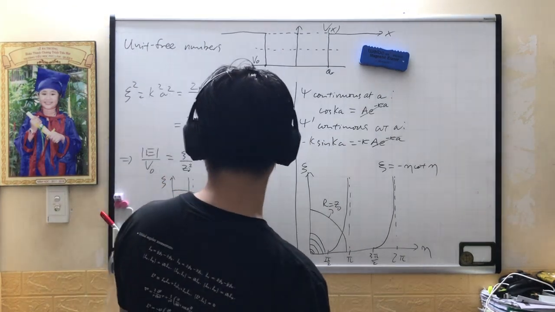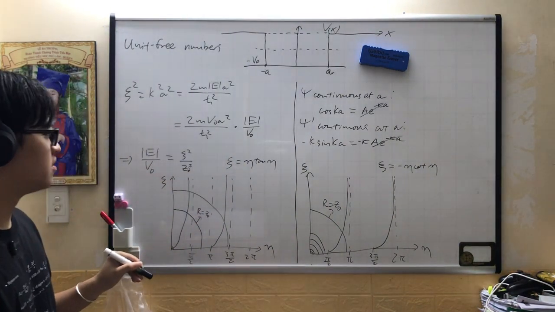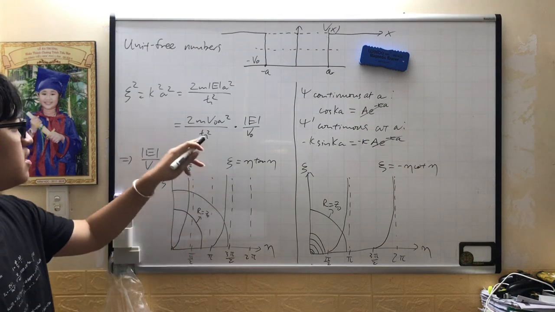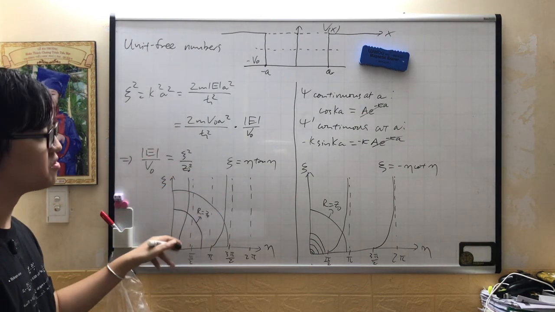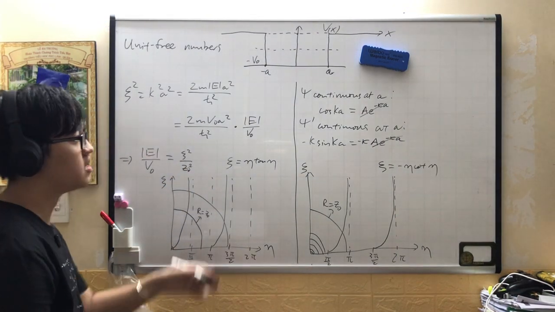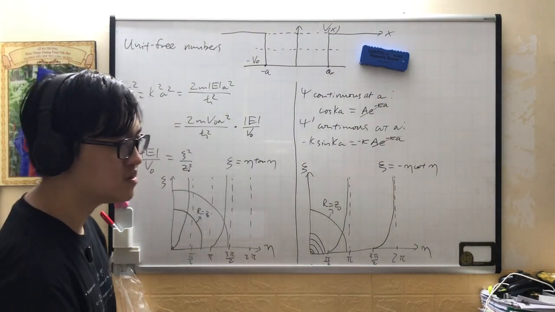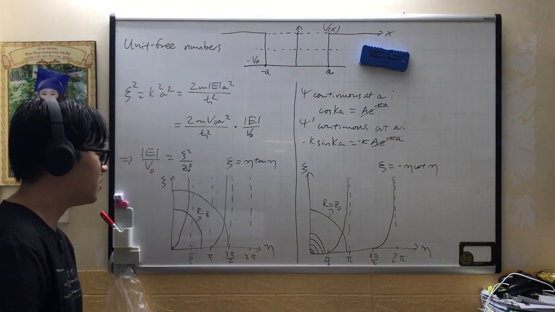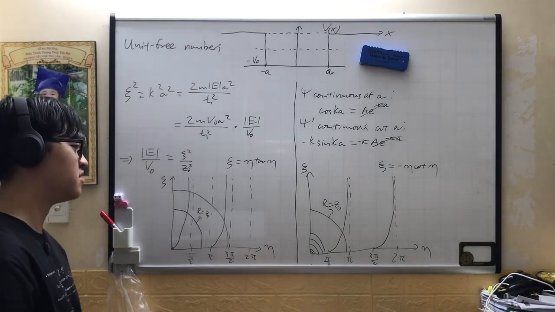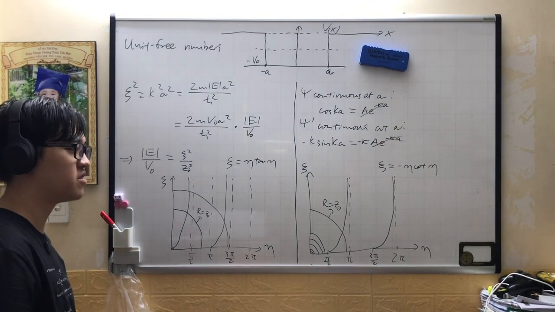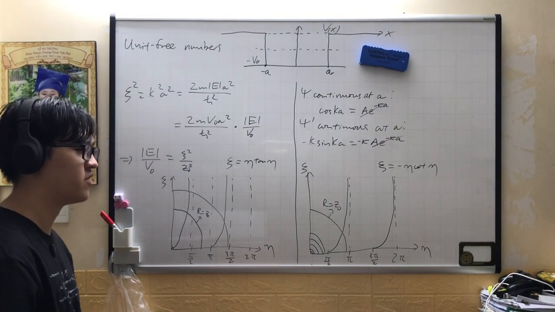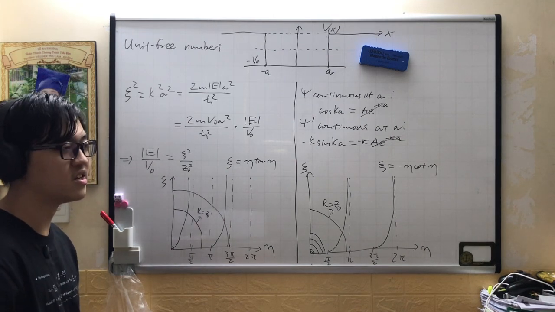So we can say here that the even state is always guaranteed in the finite square well potential, and odd is not. Well, because if you remember, the ground state is an even state.